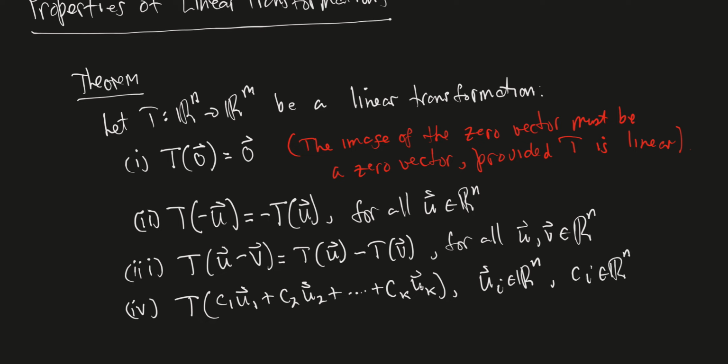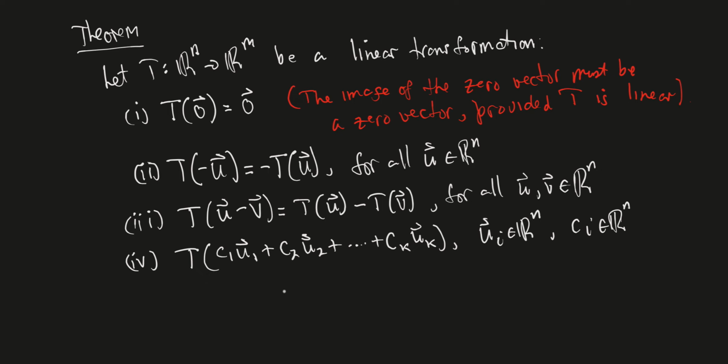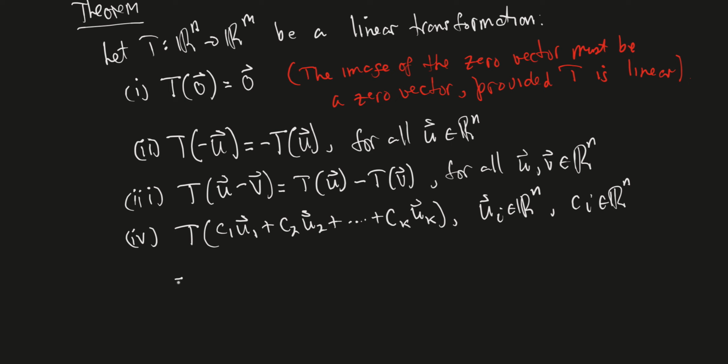So this is saying if you take the transformation of a linear combination of vectors in Rn, this is what you're left with: c1 times the image of u1 plus c2 times the image of u2 plus dot dot dot ck times the image of uk.